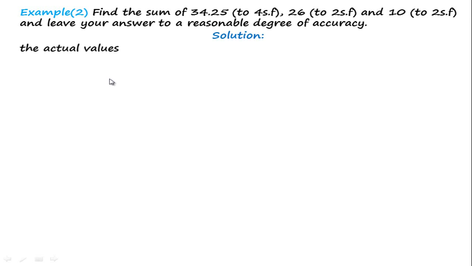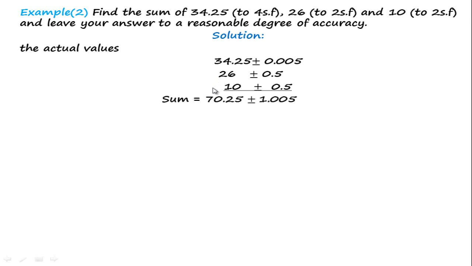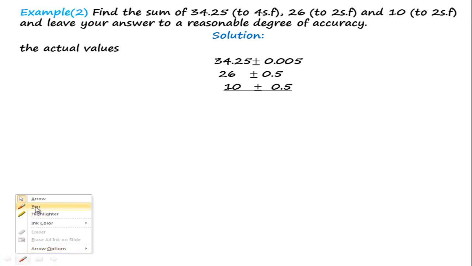Now the actual values will be this. These are the actual values, and I will tell you why they are the actual values. You are given 34.25. This has two decimal places, that is 0.25.